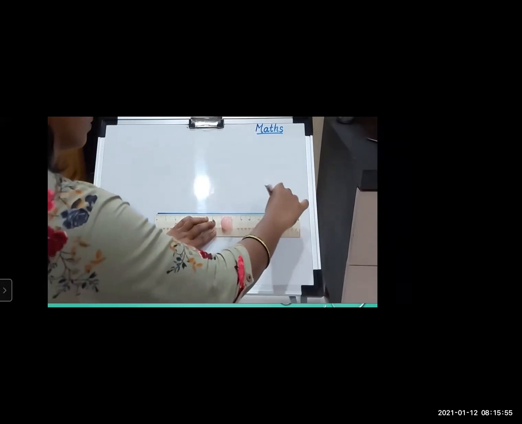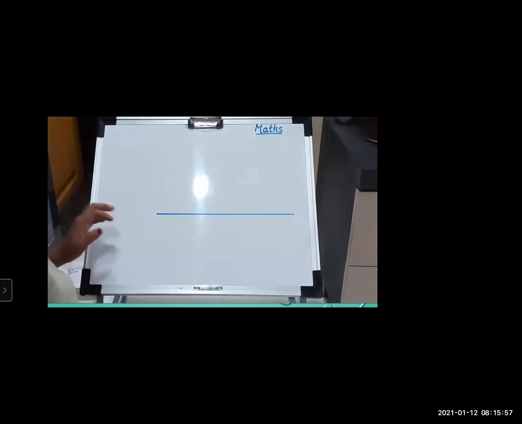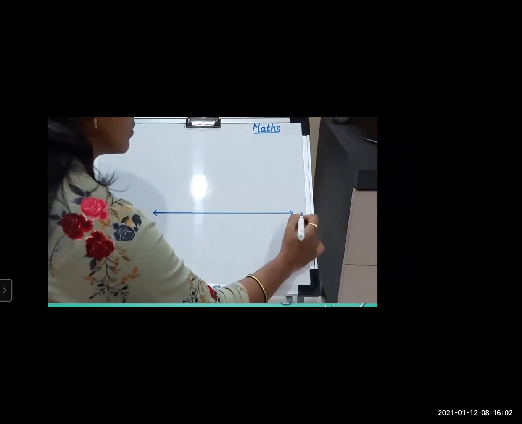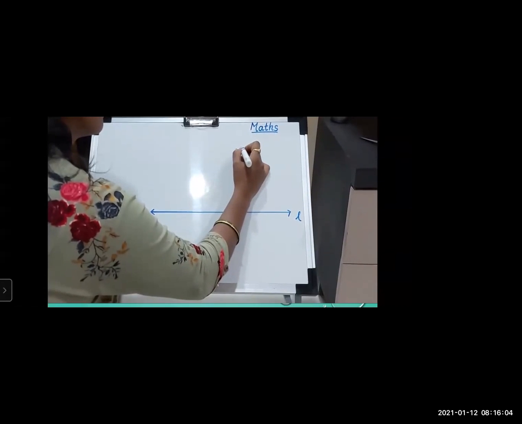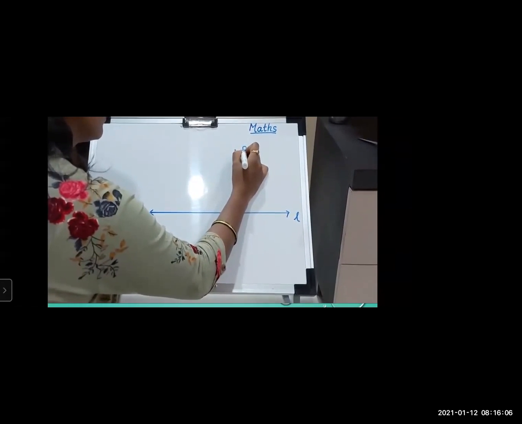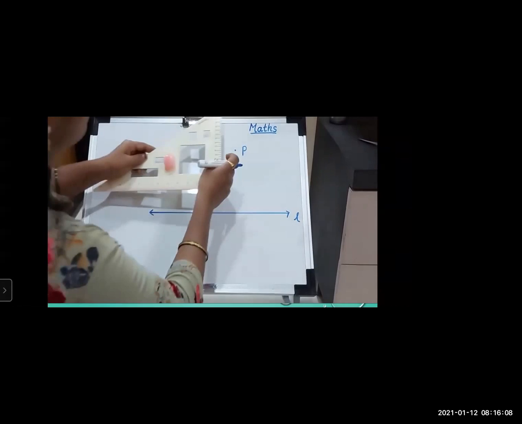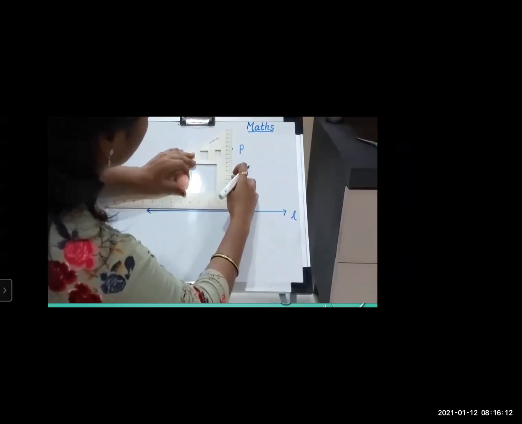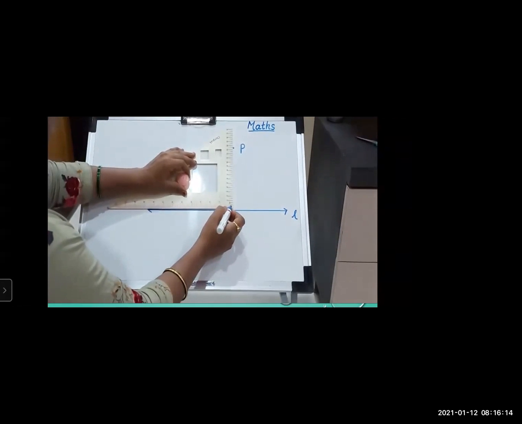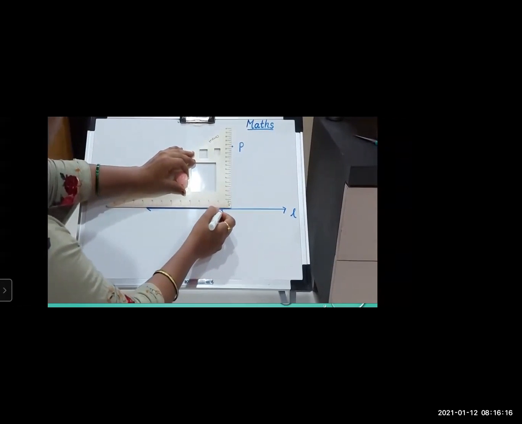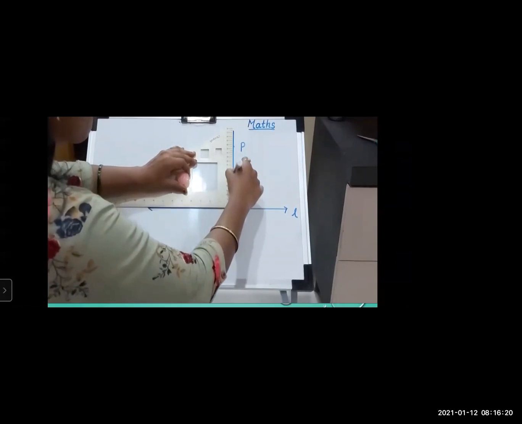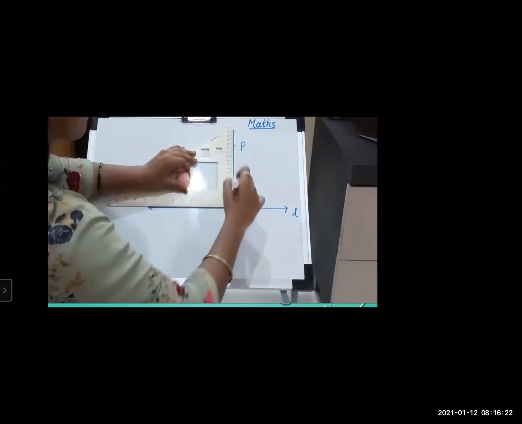So let's draw a line and we will name that line as line L. Take a point outside the line and name it P. Now place both the arms of the set square properly. One arm should be exactly on the line L and it should touch point P, and join the line.